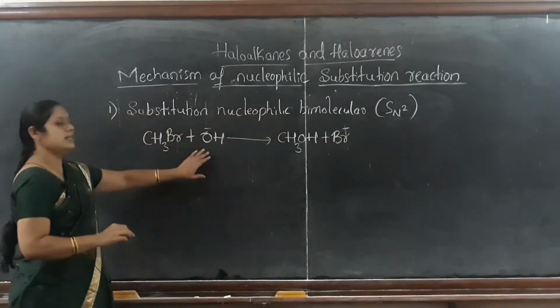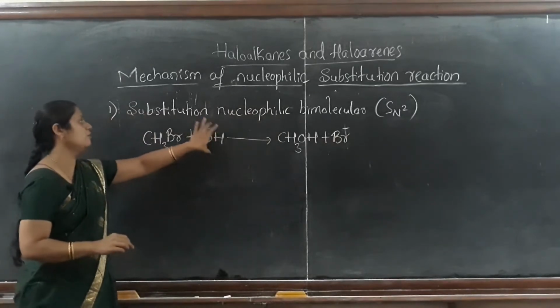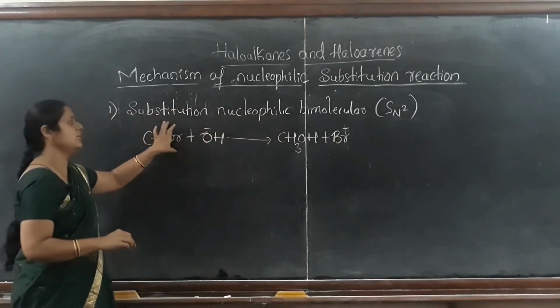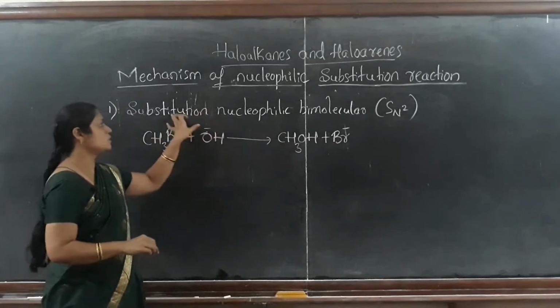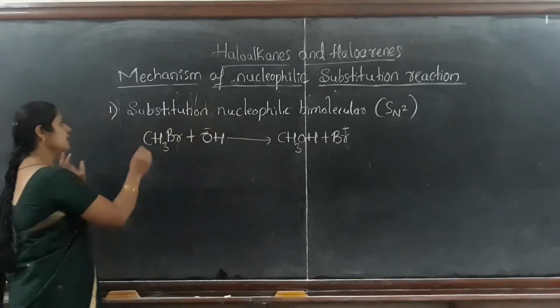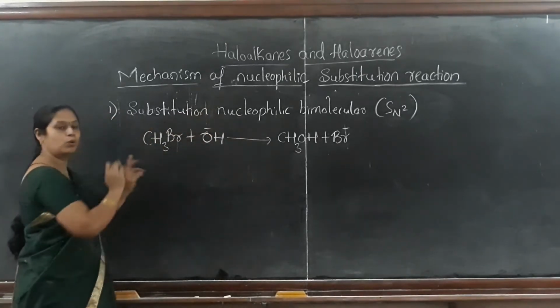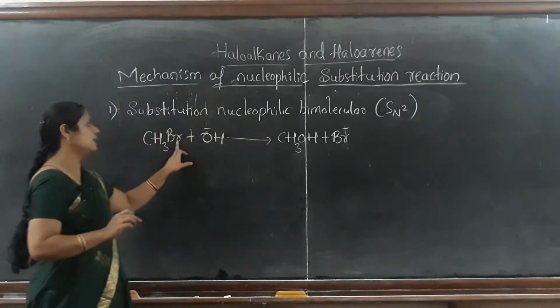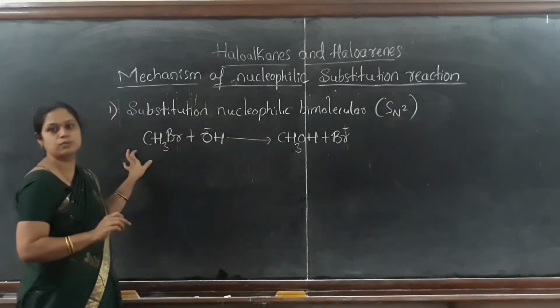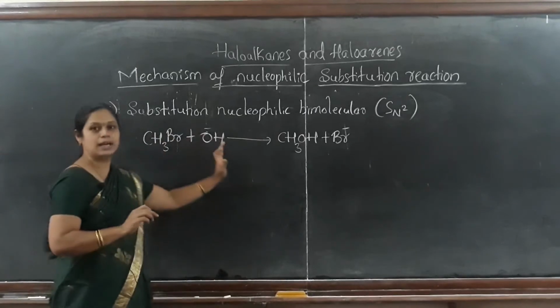Here it is a substitution reaction, as a nucleophile substitutes a halogen. There is a breakage of the bond between carbon and Br, and there is a formation of a bond between carbon and OH.